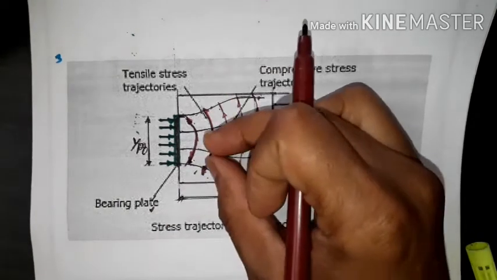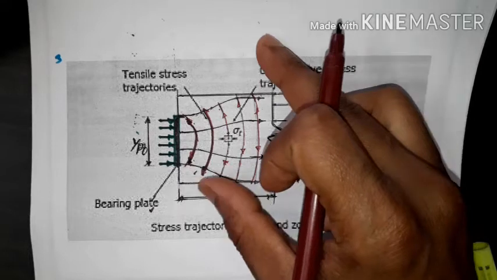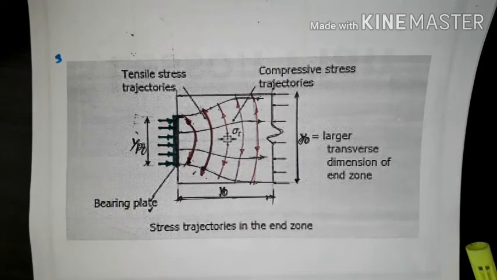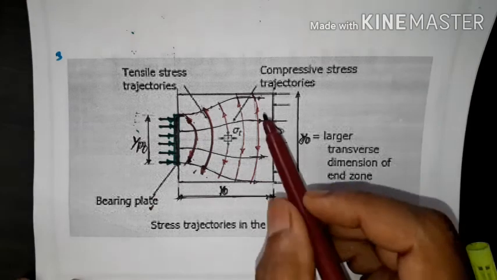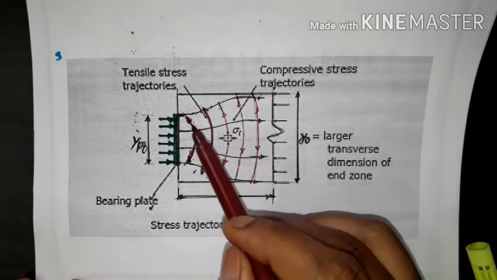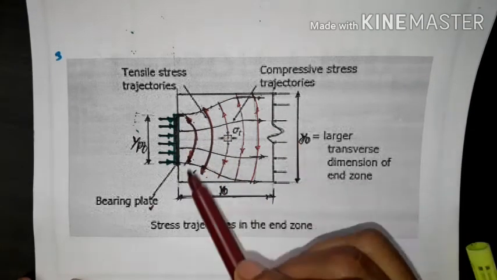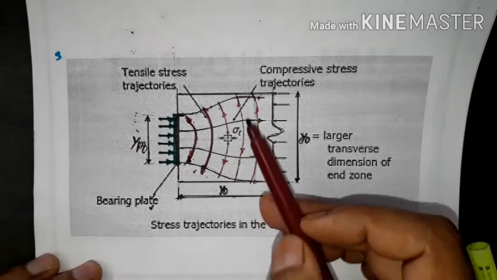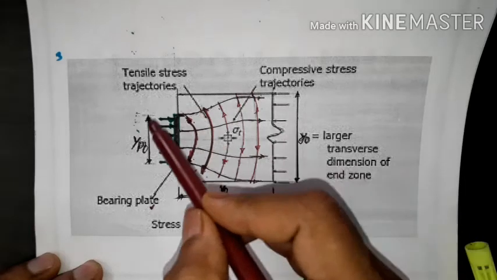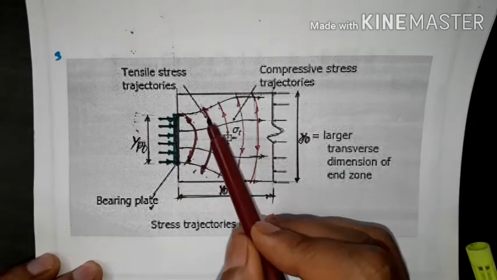As we know that concrete is weak in tension, to avoid failure at the end block we have to design adequate reinforcement at the end of the section where the anchorage is provided, to resist the tensile stresses. Okay, understood. So this is regarding how the force will travel into the concrete at the end zone.